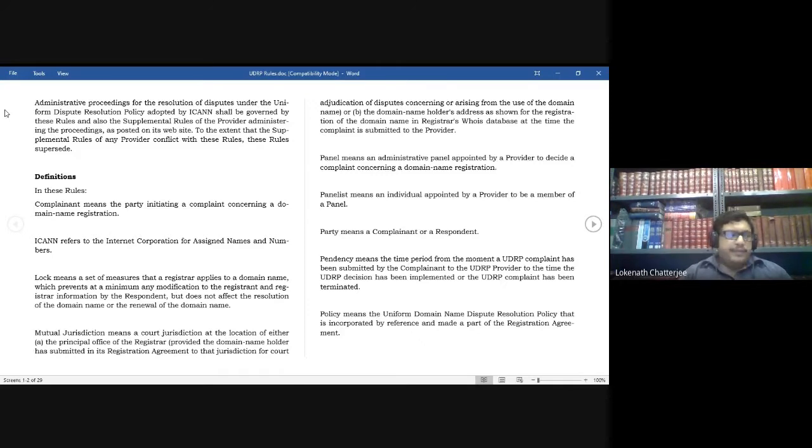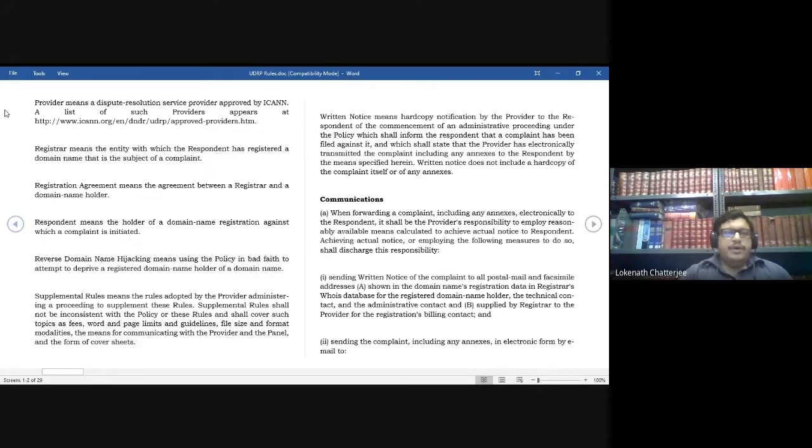Pendency would be, as you can see, policy is the policy which we've just covered. I'm not going line by line, it's up there on the screen, so we can quickly read through it. Moving on, provider. Someone asked a question as to where is the location of this provider. This is the provider, which refers to dispute resolution service providers approved by ICANN.